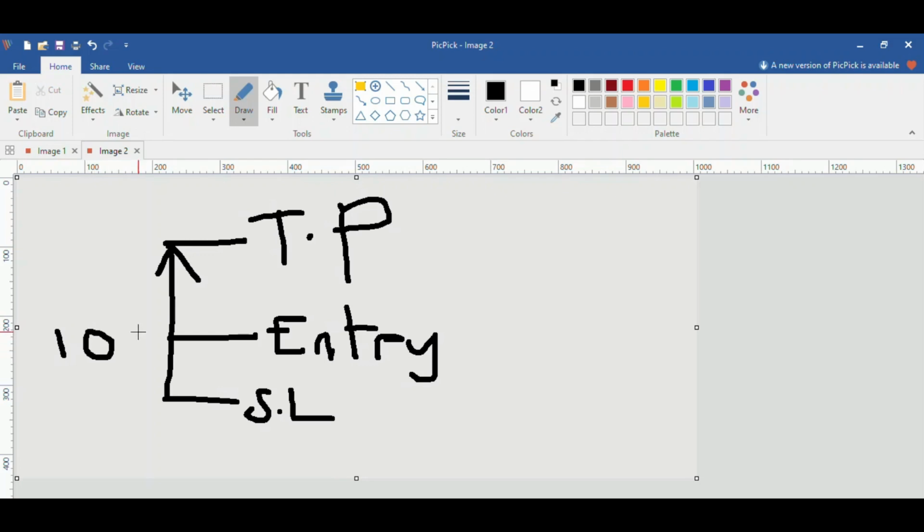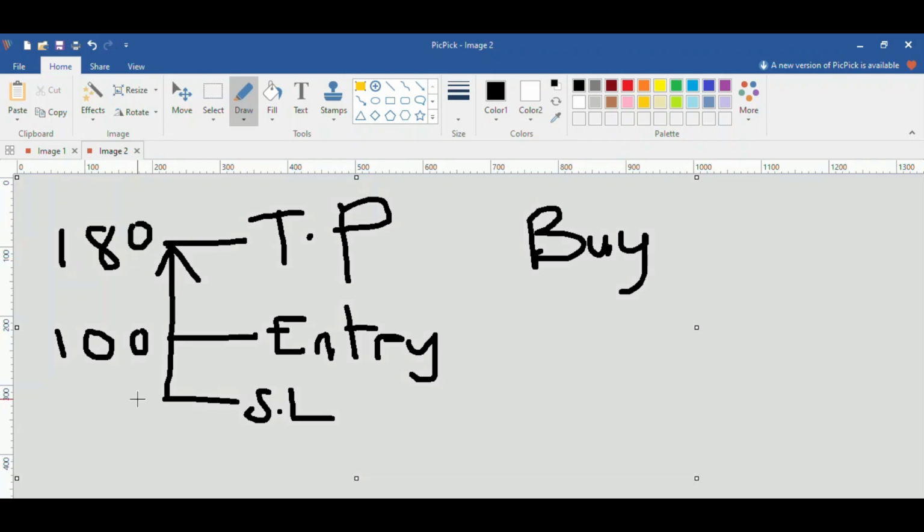So if your entry is 100 for a buy, your take profit will be 180, then your stop loss will be 50. So the reverse is the case for sell. In the case of sell, it's always different.